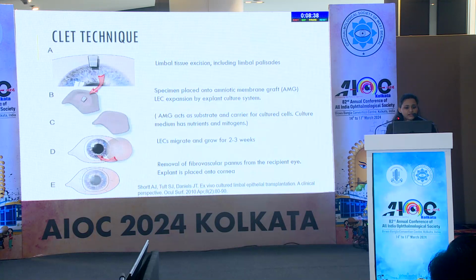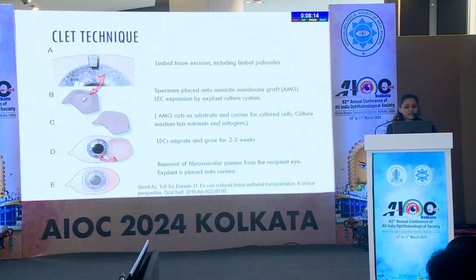So this is a schematic diagram where step A shows a limbal tissue excision, specimen being taken. The specimen should include the limbal palisades of Vogt. Then figure B shows the specimen placed onto an amniotic membrane graft for allowing the limbal epithelial cells to expand in an explant culture system.